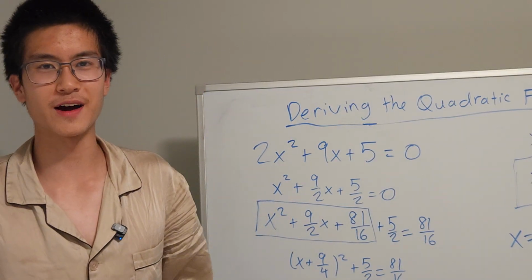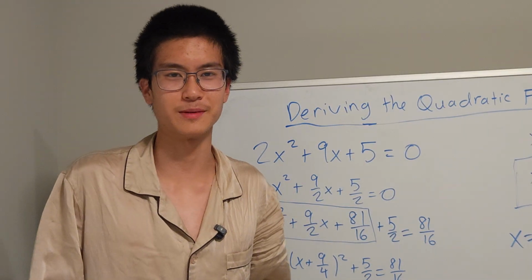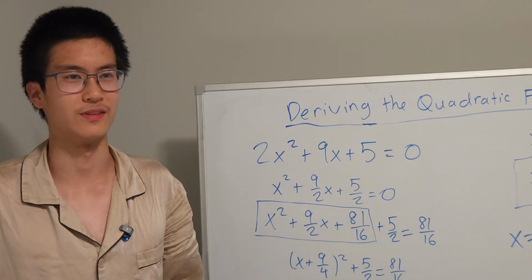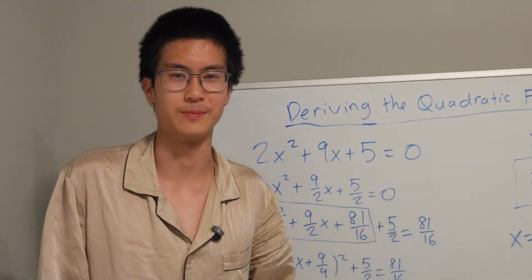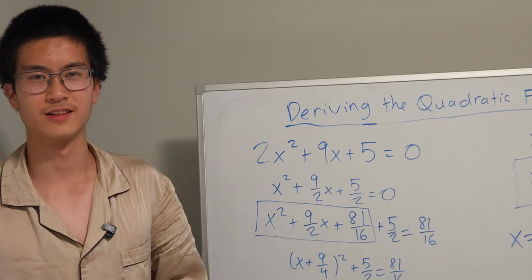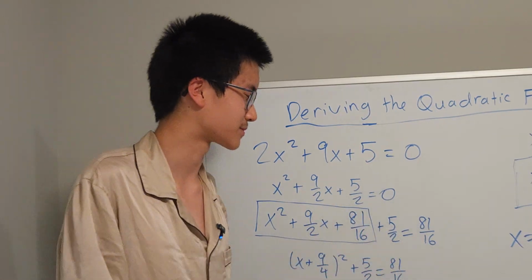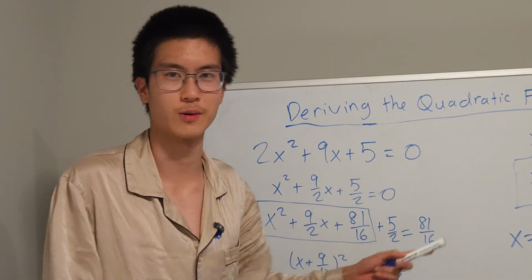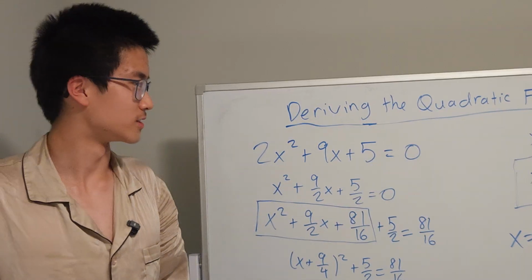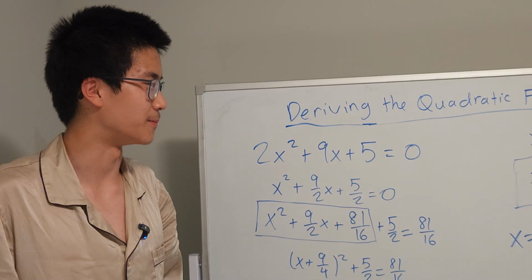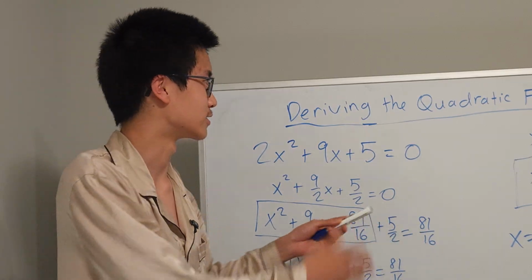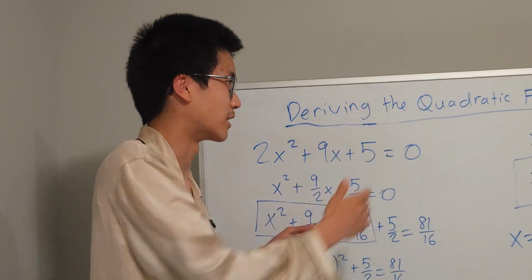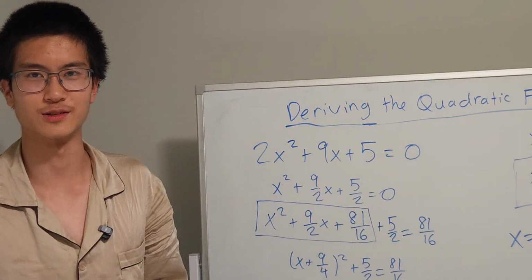But in mathematics, it's important to also know where this formula came from. And this will help you in solving many more problems and to know when this formula will apply. So yeah, in math, it's important to know the derivation of the formula as well.